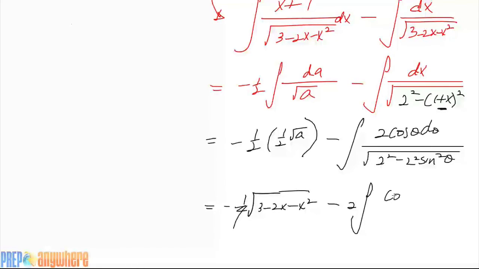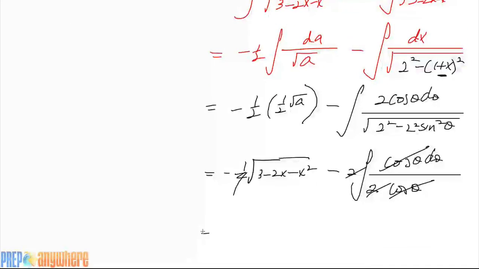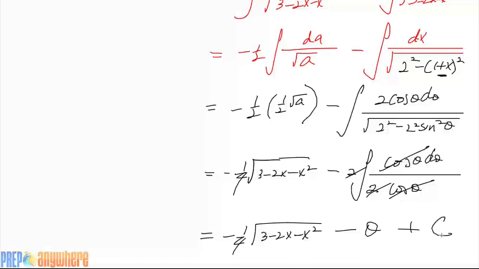2. This is going to be another 2 cosine of theta, because it's the square root of 1 minus sine squared theta. Ooh, everything goes away, right? That's just going to be minus theta. Where do we get minus theta from?